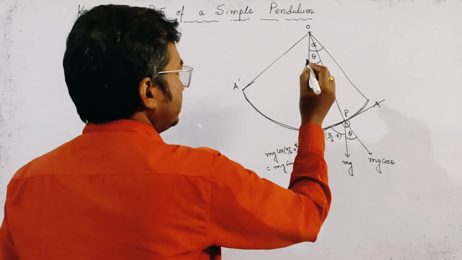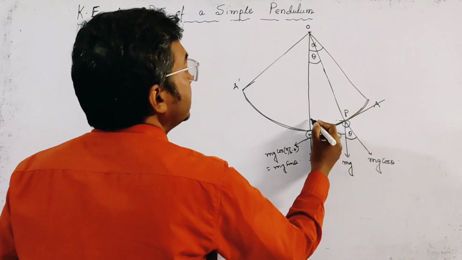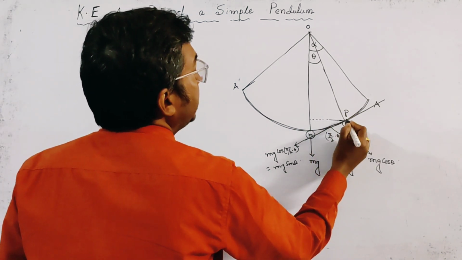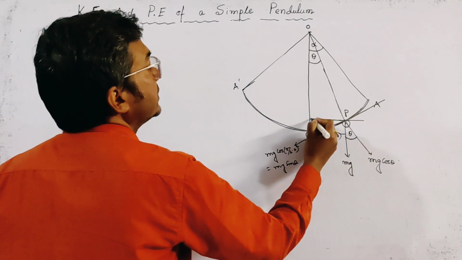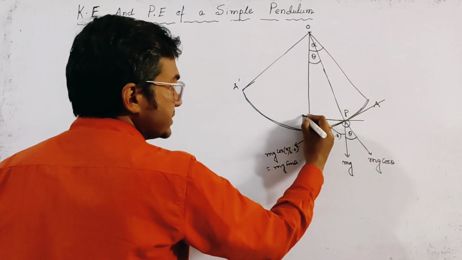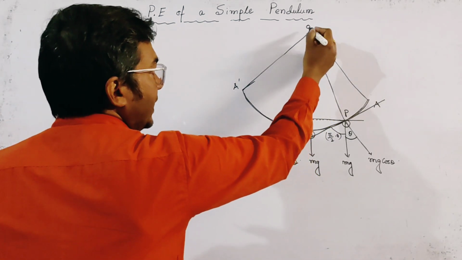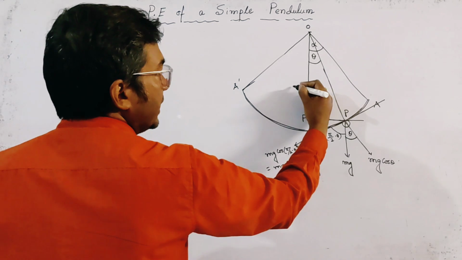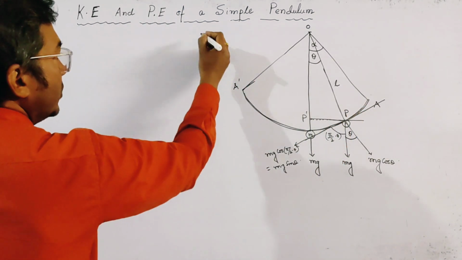If we draw a horizontal line through P, let it cut the vertical line at P dash. From the triangle OPP dash, clearly this is L, if L is the length of the string.